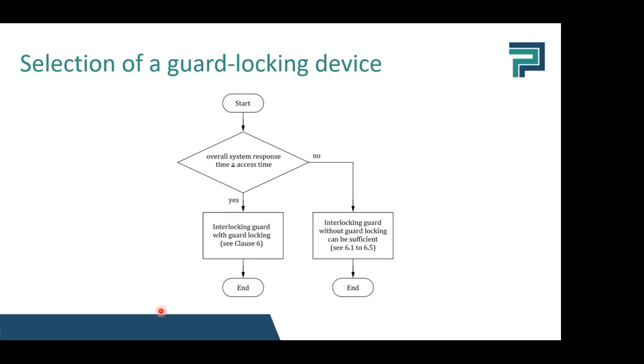For example, if I open a door and I walk to a conveyor, and this takes 2 seconds, but it takes the system 10 seconds to stop the hazardous movement, then guard locking is required. Then, for example, the guard is closed until the 10 seconds have passed, and then I can enter the zone.